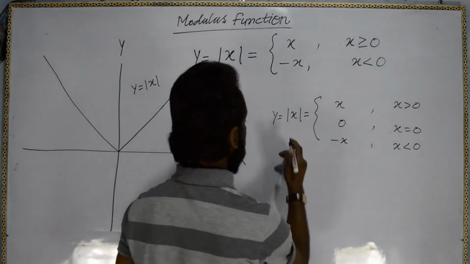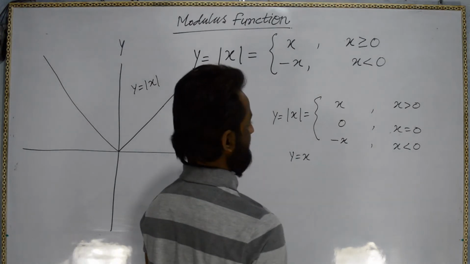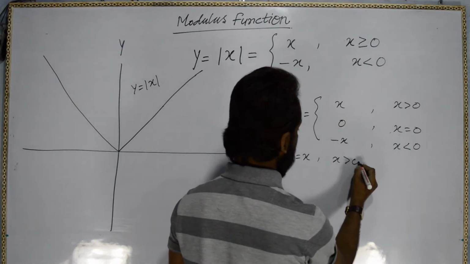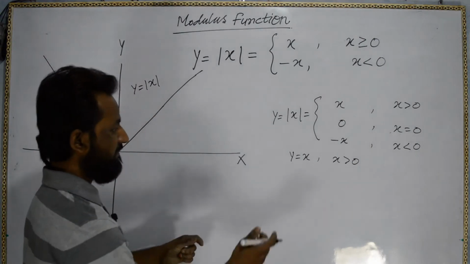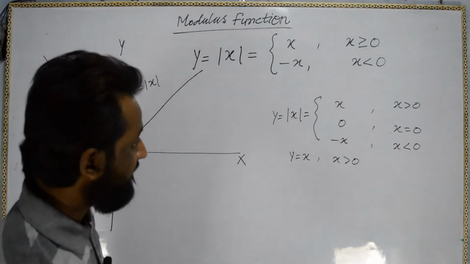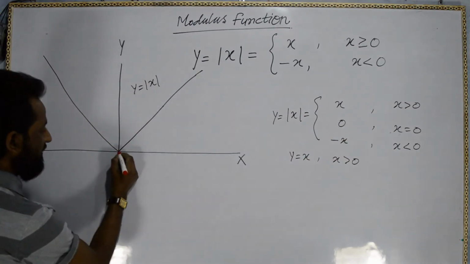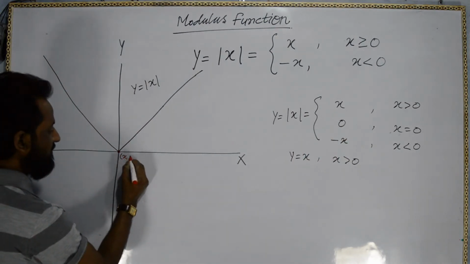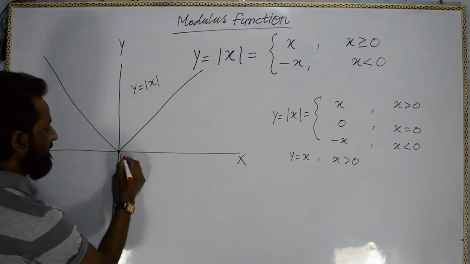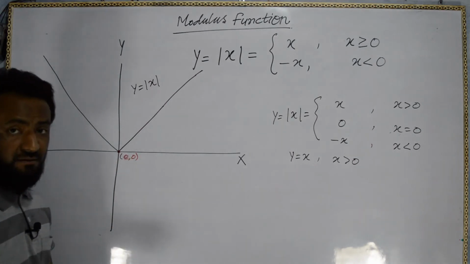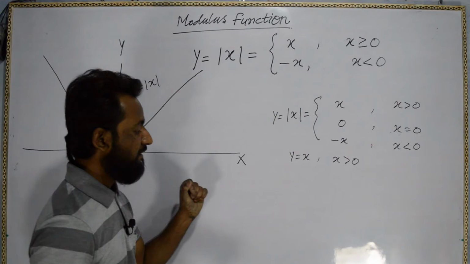See from here y equal to x for positive x. So first we will draw y equal to 0. When x equal to 0 we are getting y equal to 0. So here x equal to 0, y equal to 0. Okay, up to here no problem.